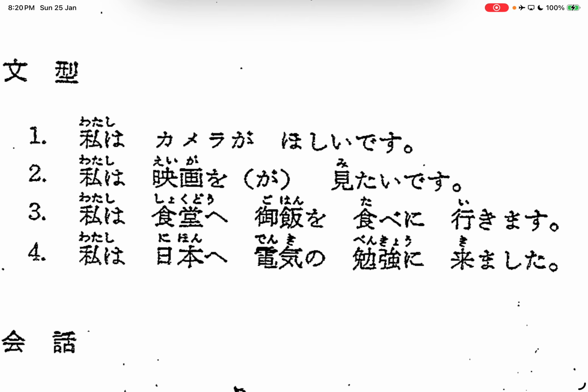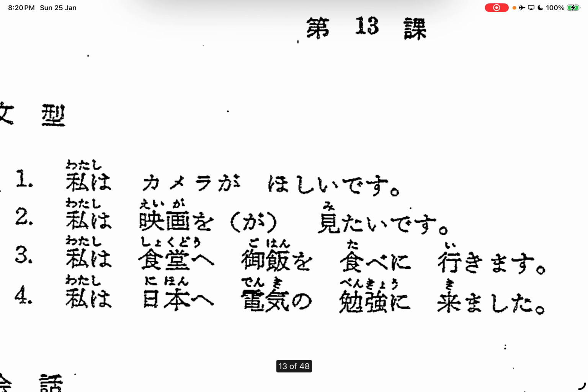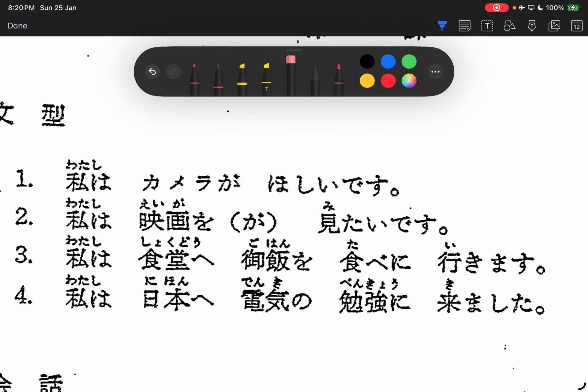So the difference between these is hoshii is for noun, mitai is for verb. Right? So that's the main difference. Okay, I want a camera, but I never say what I want to do with it. Right? I never say I want to take photo. I never say I want to own one. I just say I desire a camera. That's all. Okay, there's no verb here.